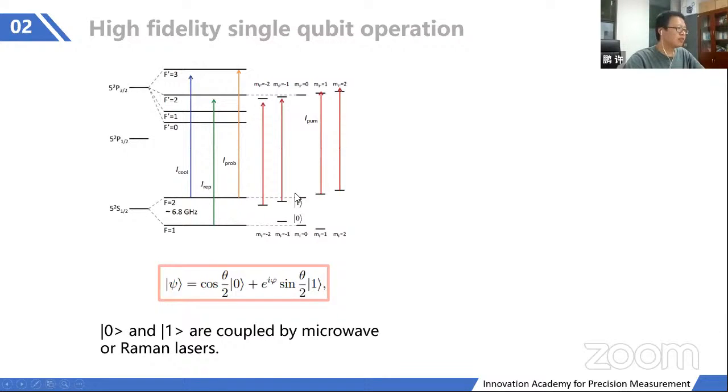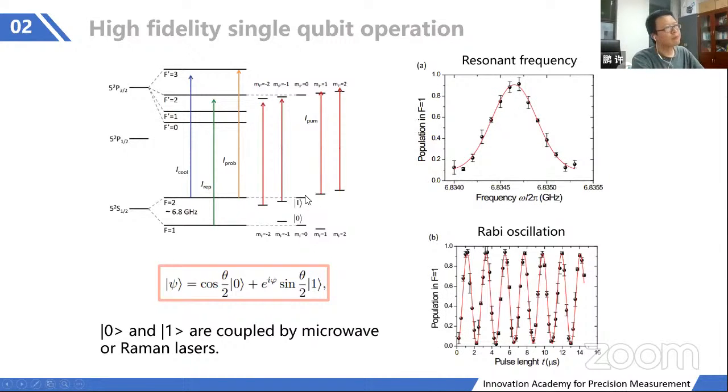Here for rubidium-87, we encode the 0 and 1 states as F = 1, mF = 0, and F = 2, mF = 0, using optical pumping to pump all the atoms into this state. And then we use microwave or Raman lasers to coherently drive the qubit between this 0 and 1 state.